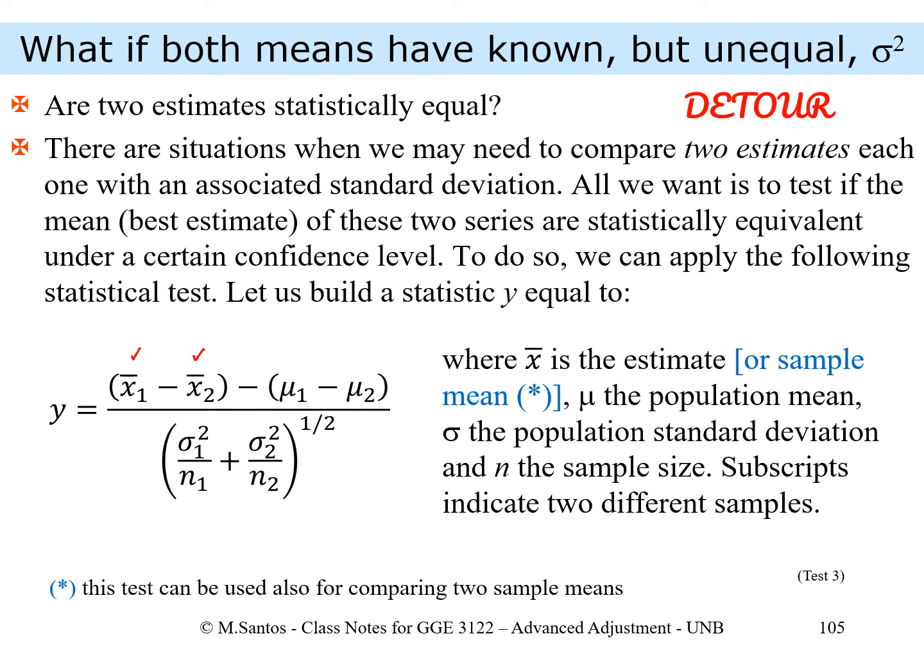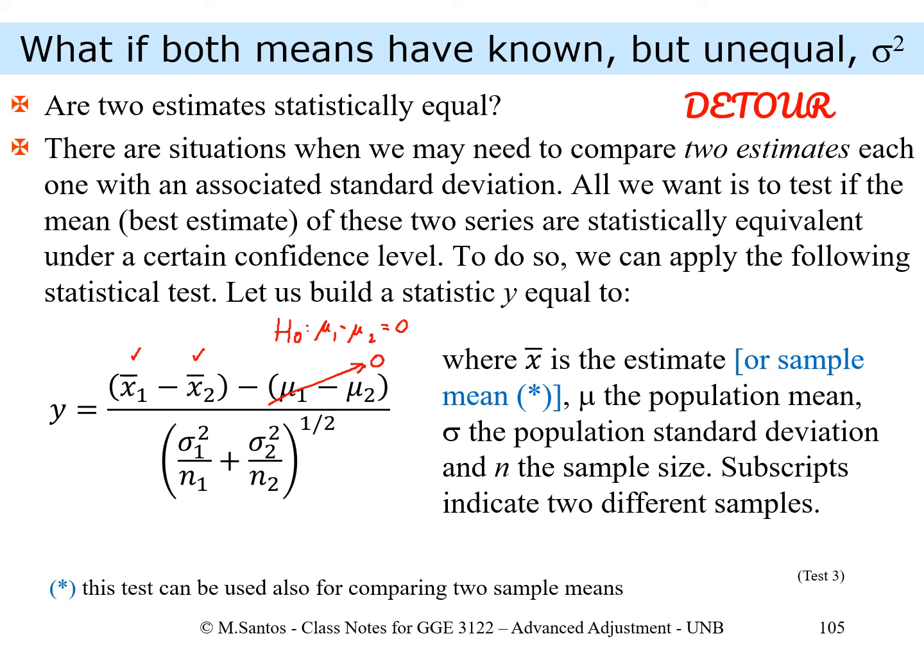We have the population means corresponding to these two estimates. Essentially our null hypothesis is that the difference of the means equals 0. So in practice, we can consider this term here equal to 0 already.